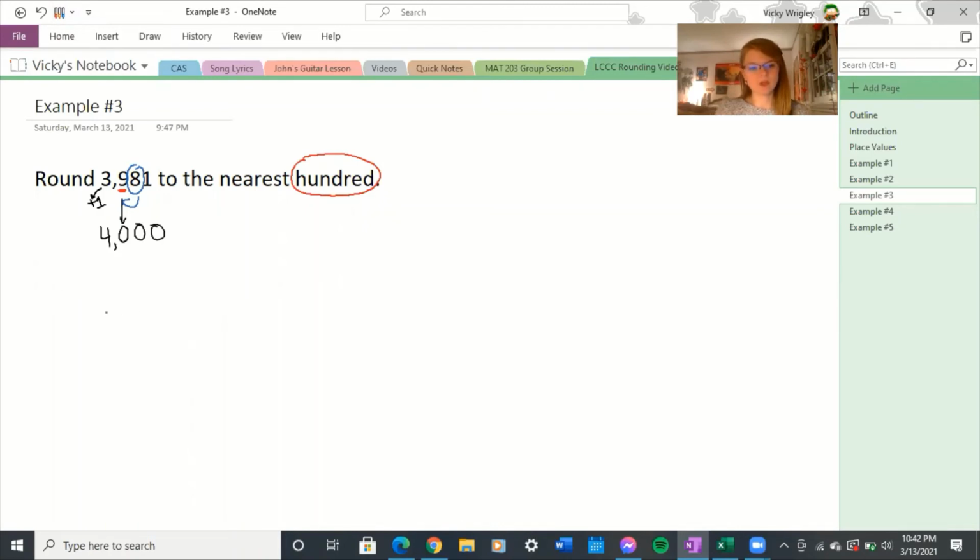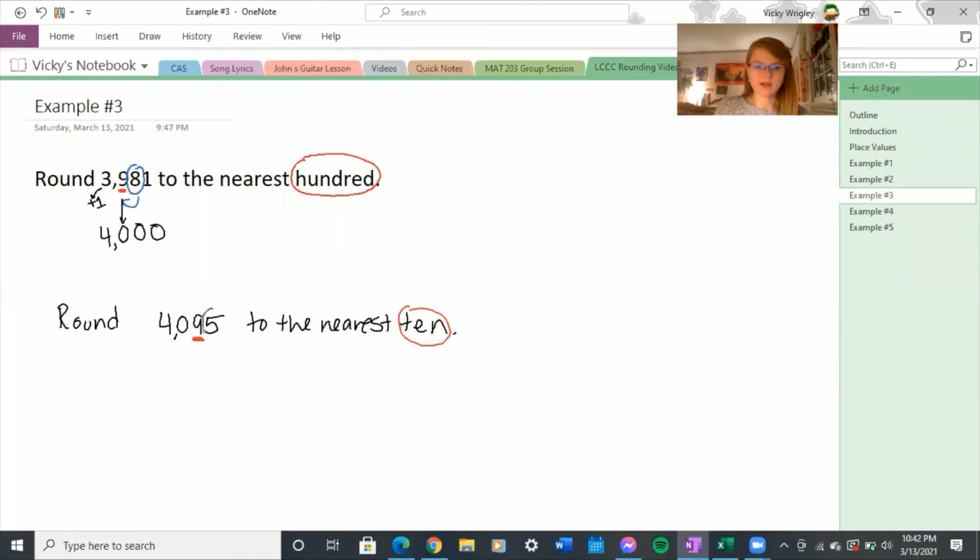I'll do a similar problem here. Another example, because that can be tricky. So how about we round 4,095 to the nearest 10. 10 is the place we're evaluating. This is our tens place.